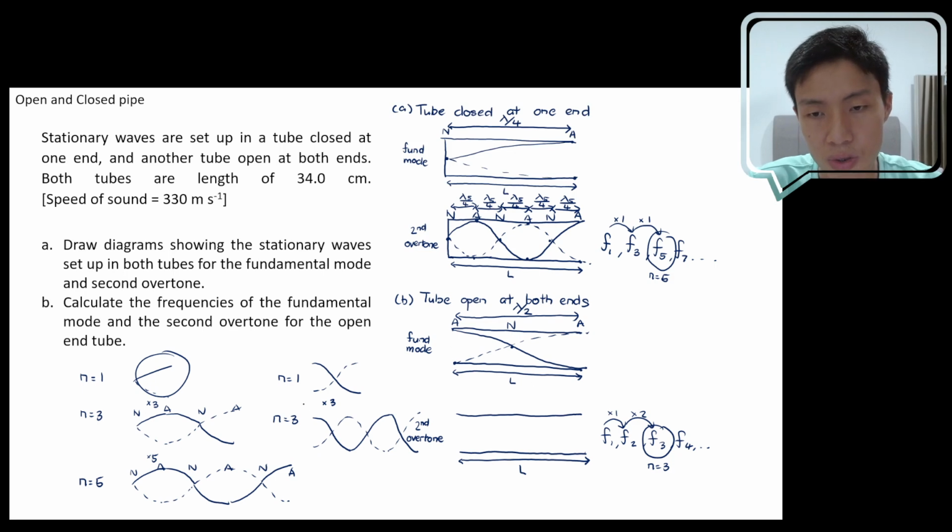So you should see A, N, A, N, A, N, A. Let's label it A, then you have your N in the middle, then you have an A in between, you have your N in between. So this is how it should look like. At antinode, maximum; at node, the equilibrium.